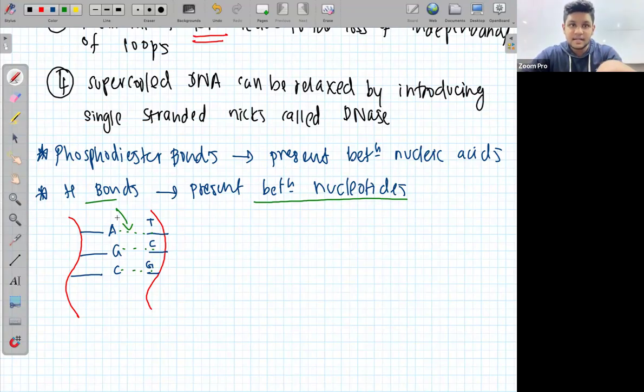Nucleic acid means DNA: the bond between one DNA molecule and another DNA molecule is phosphodiester. Now the statement says supercoiled DNA can be relaxed by introducing single-stranded nicks. These will be breaking the phosphodiester bonds between the nucleic acids. Now, if you see, this is a strand of DNA.